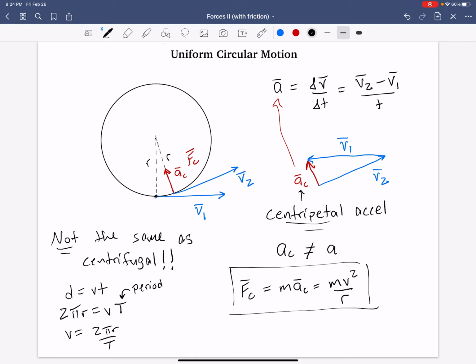When doing uniform circular motion problems, there is another variable to deal with, and that's known as the angular speed. So this here is the linear speed, with units of meters per second. There's also an angular speed, which is known as omega, the Greek letter omega. Actually, let me write that out.